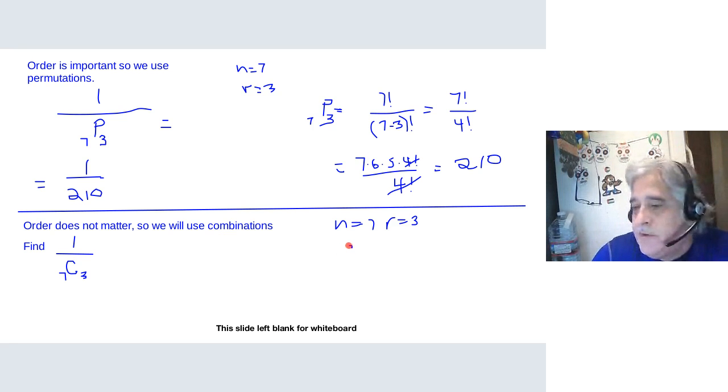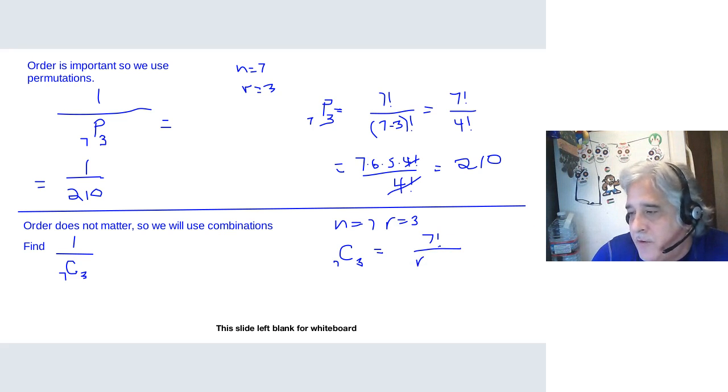So 7 factorial still goes in the top. We got the extra R factorial.